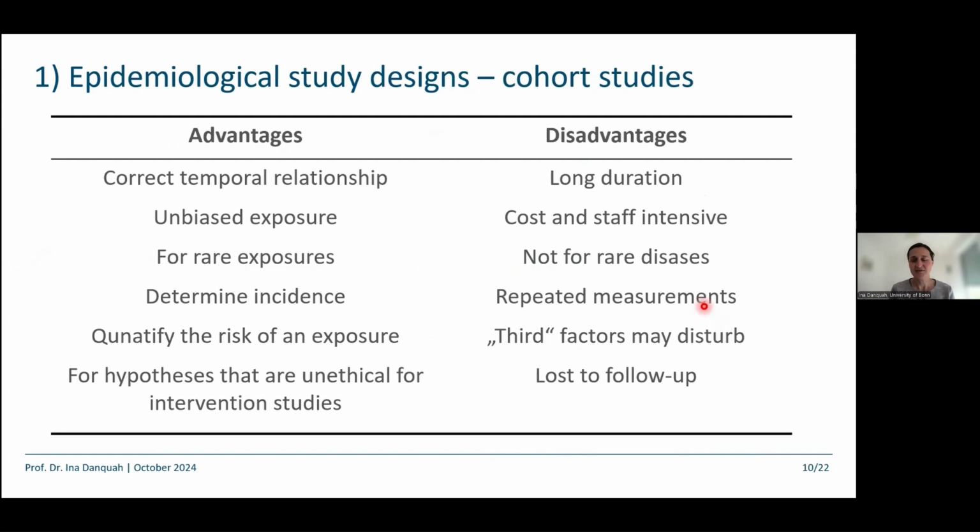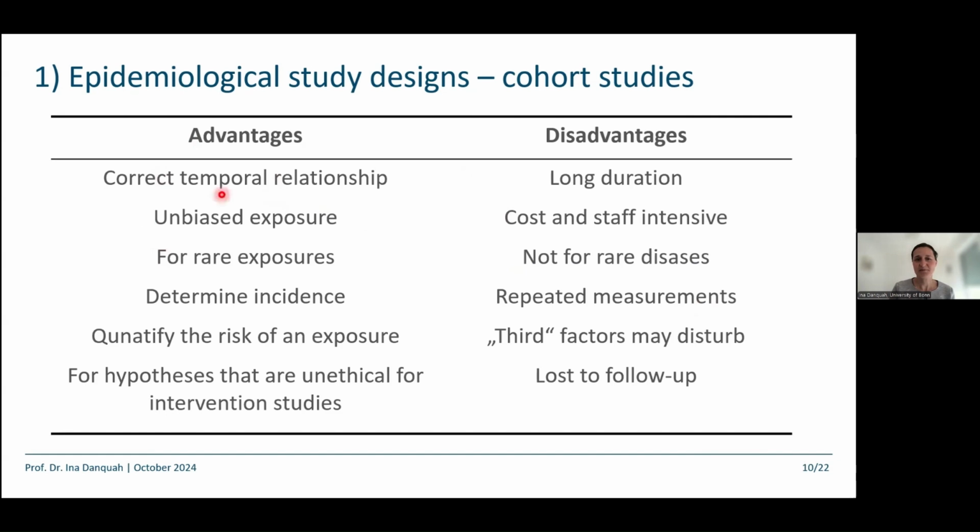Now, obviously, cohort studies do have their advantages, but also some disadvantages, as you can imagine. I already talked about the correct temporal relationship of exposure and outcome, so that's clearly a major advantage of a cohort study as compared to other observational studies.